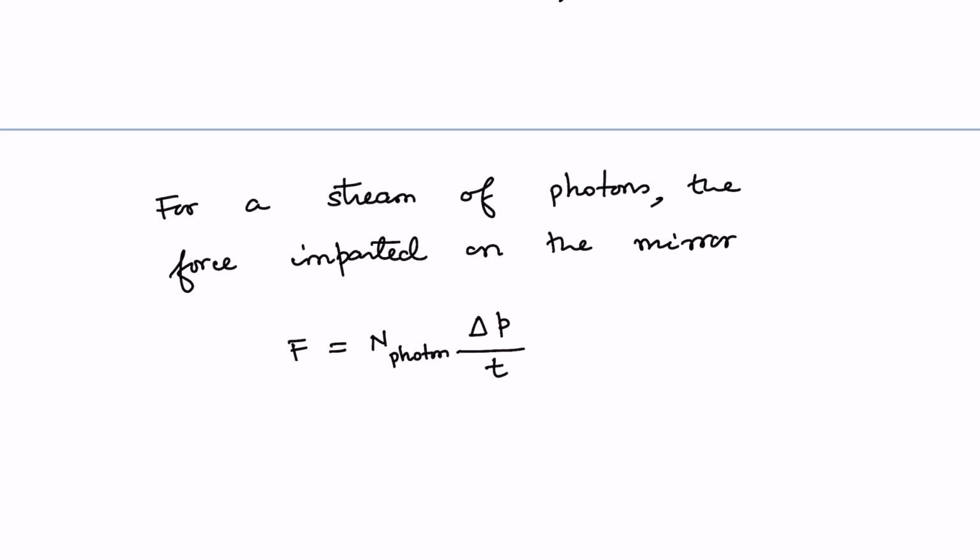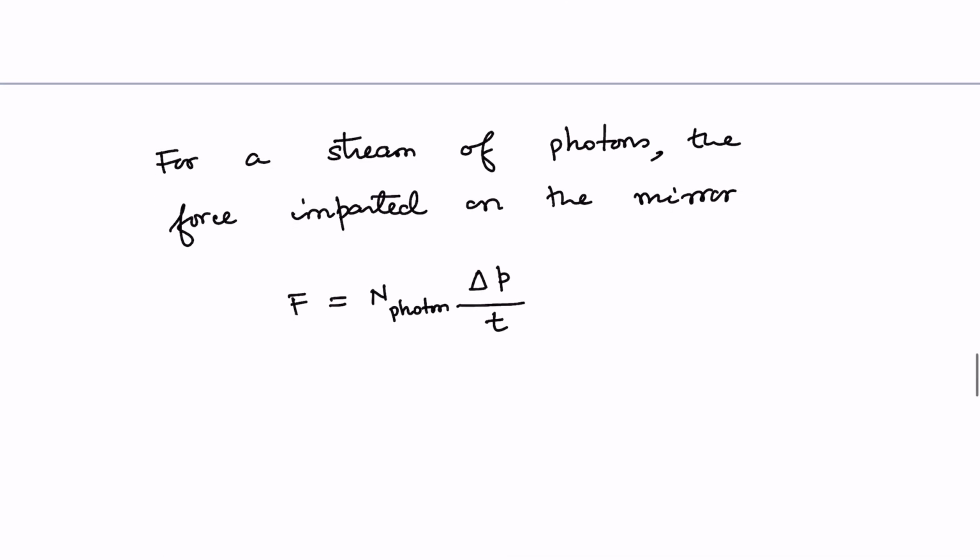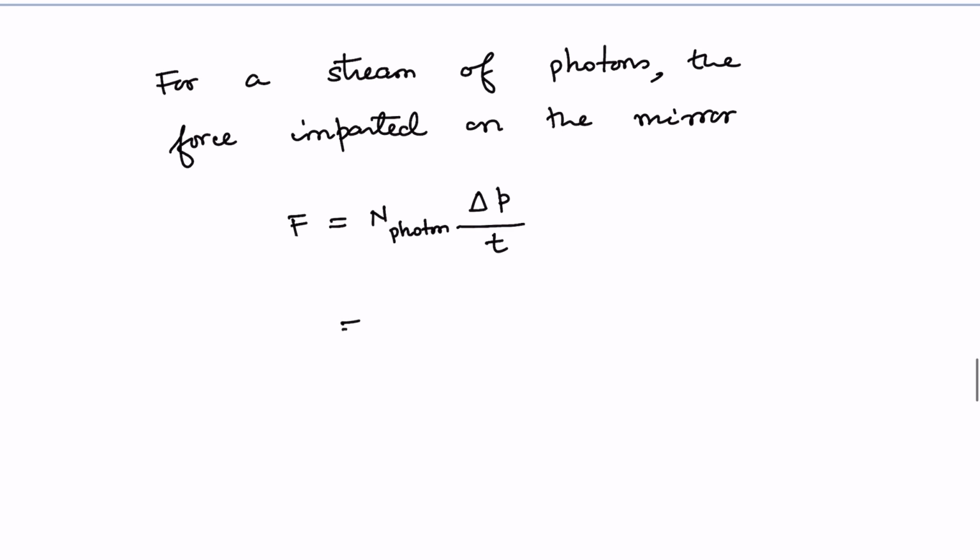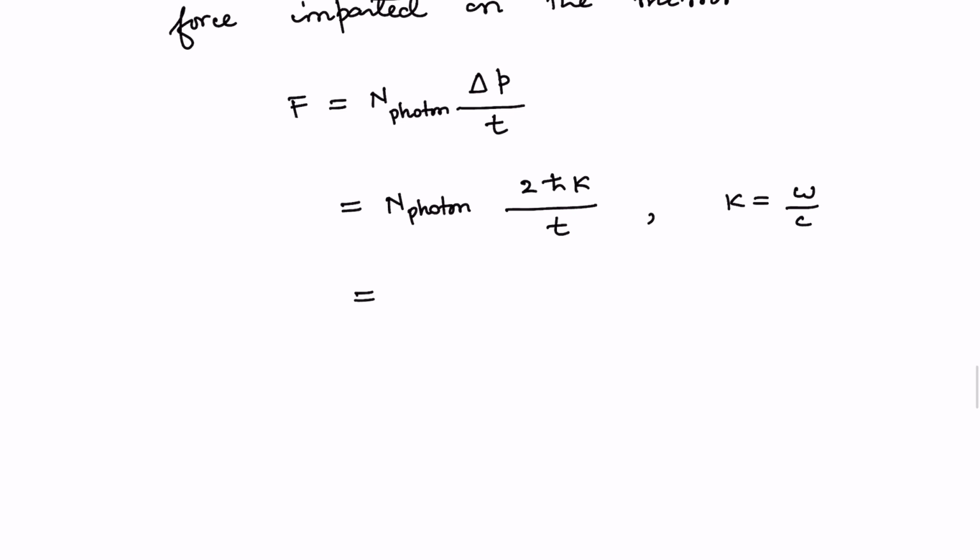So this is the force that is imparted on the mirror. Delta p is equal to twice h bar k by t, and you know that k I can also write as omega by c, so I can now write it as n photons twice h bar omega by ct.